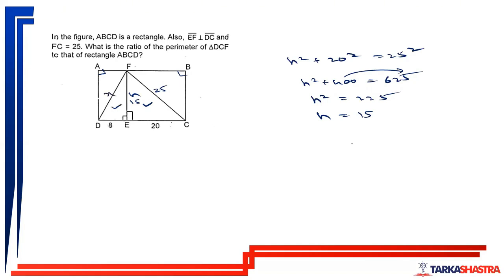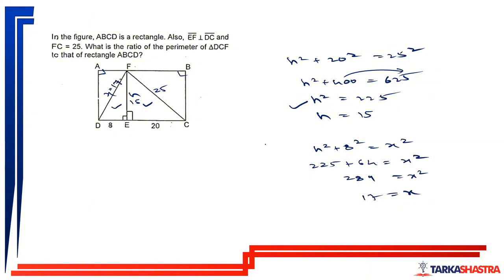Applying the Pythagoras theorem here, h square plus 8 square is equal to x square. H square is 225, 8 square is 64, so x square is 289, which gives x is equal to 17.